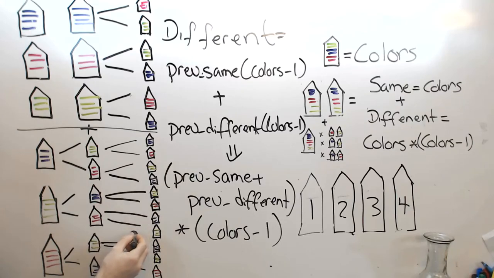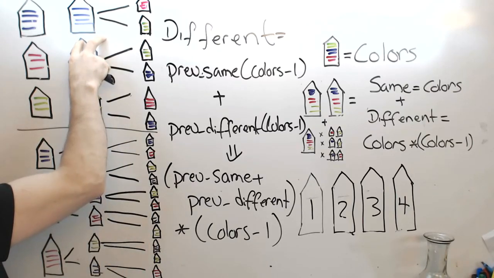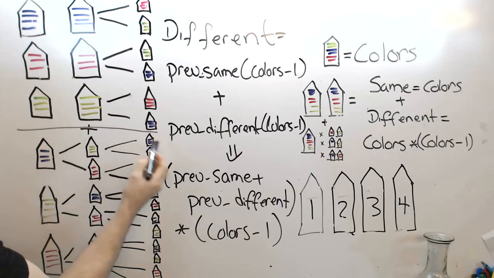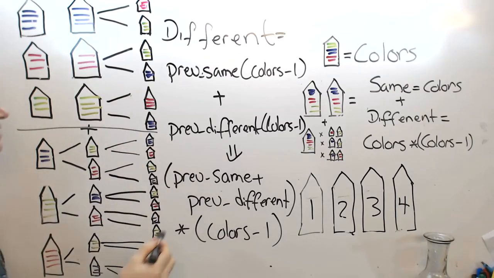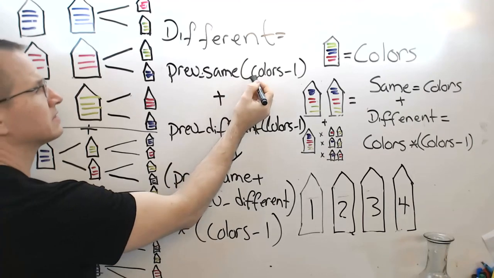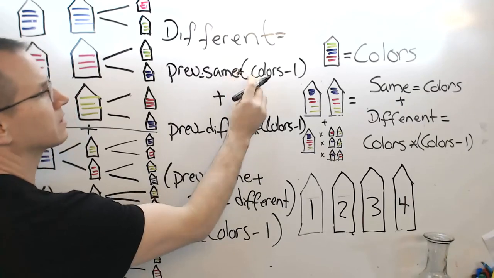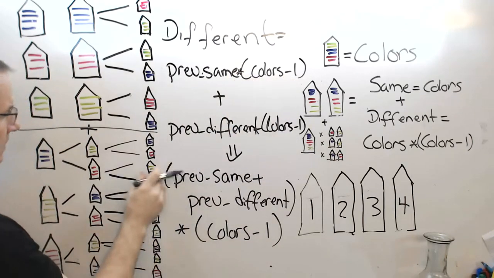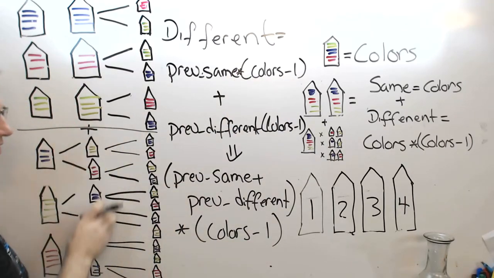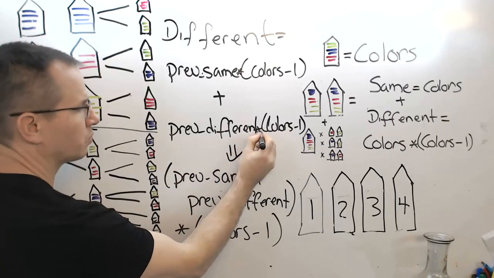So what I have for both same and different, then another way to look at this is it is my previous same times color minus 1. And this part of it is my previous different times color minus 1.